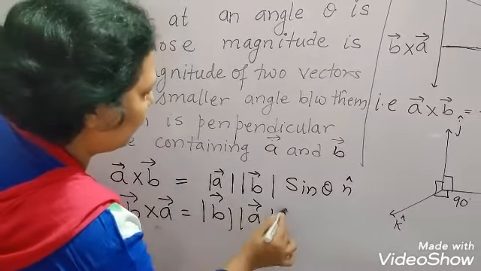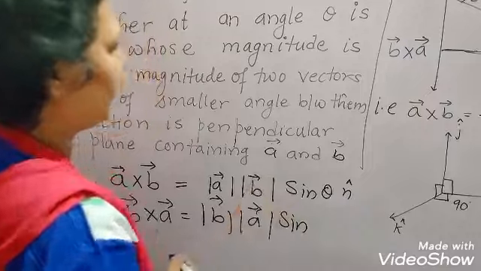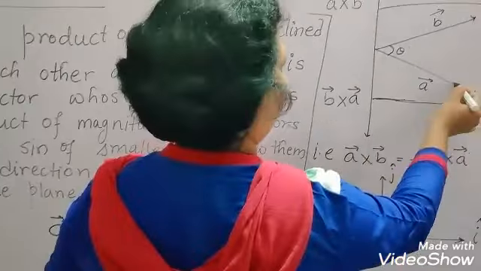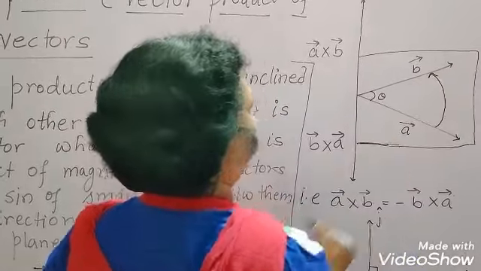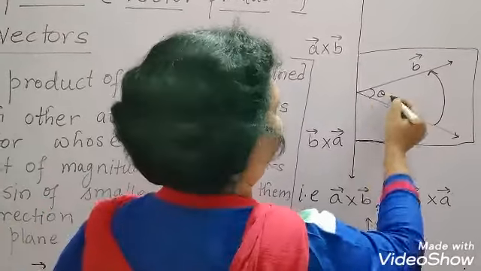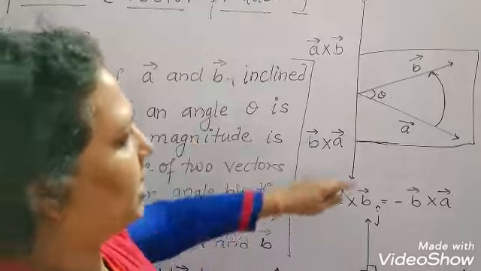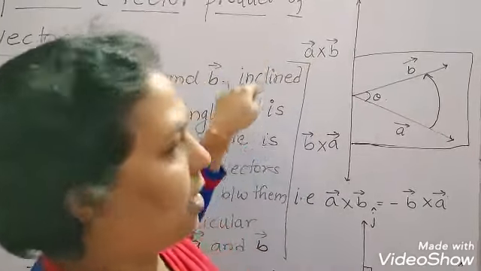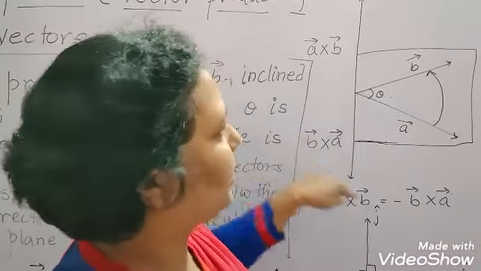When we take A cross B, the angle from A to B is plus theta, because we measure the angle in the anti-clockwise direction.